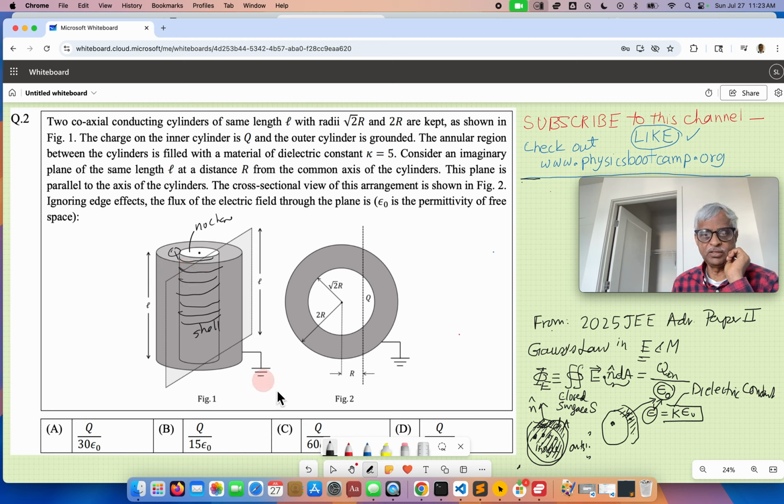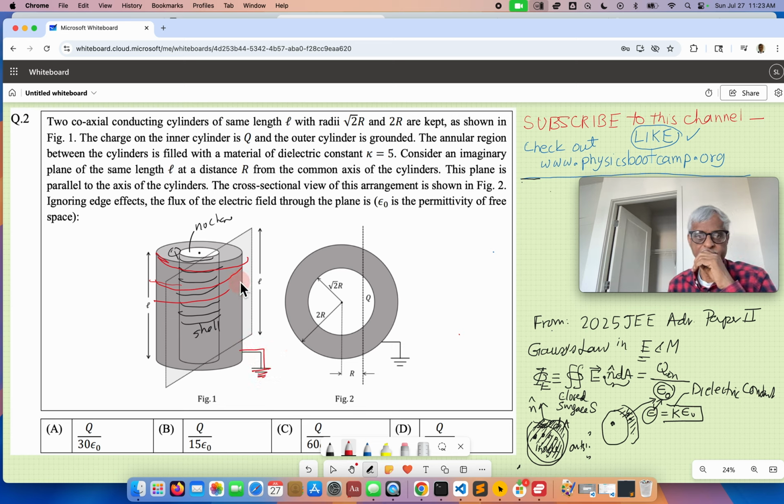Then it says there is an annular region. Then there's another cylinder, a can you can say, whose outside is grounded.